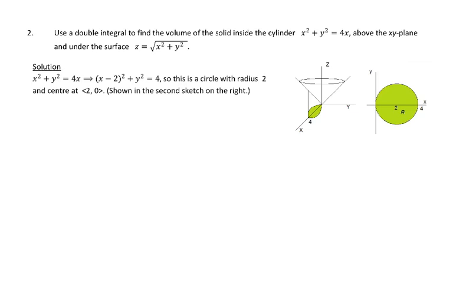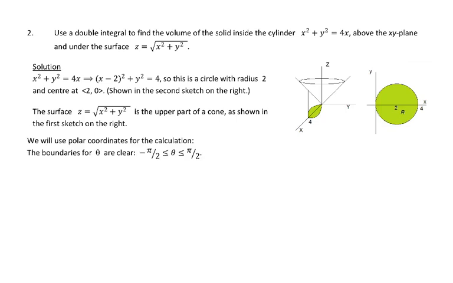By rewriting the equation for the cylinder by completing the square, we find that this is a circle with radius 2 with center at the point where x is 2 and y is 0. This circle is shown by the sketch on the right hand side. The surface with equation z equals positive root of x squared plus y squared is the upper part of a cone, as shown in the first sketch on the right hand side.